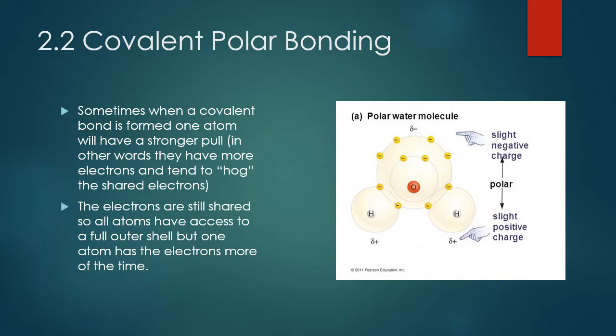Now, when a molecule ends up positive on one side and negative on the other, we call this a covalent polar bond. And polar just means, you think of it like poles. Polar means that one end is negative and one end is positive. So the electrons are still shared, so all the atoms do have access to a full outer shell, but one atom in a covalent polar bond will have the electrons more of the time.